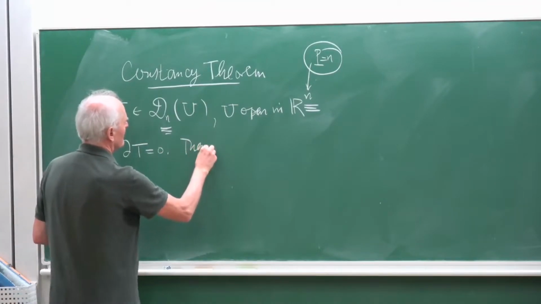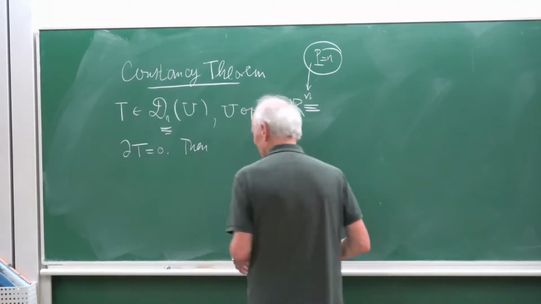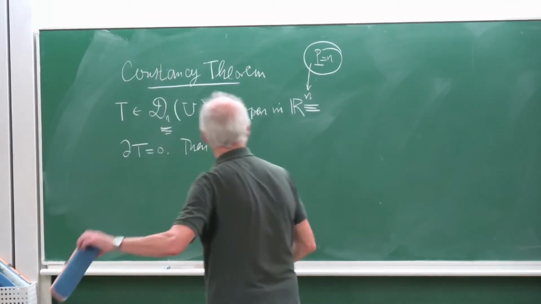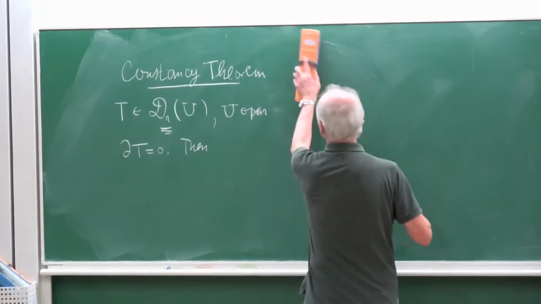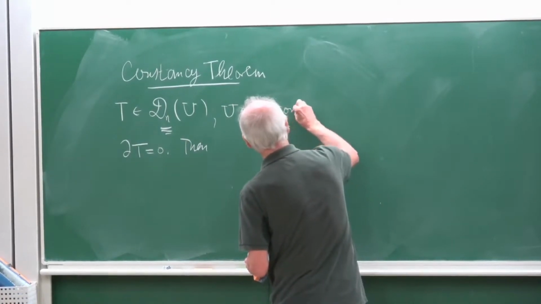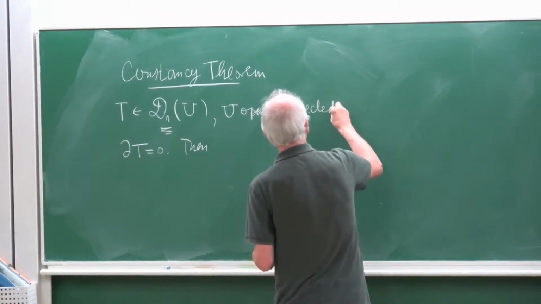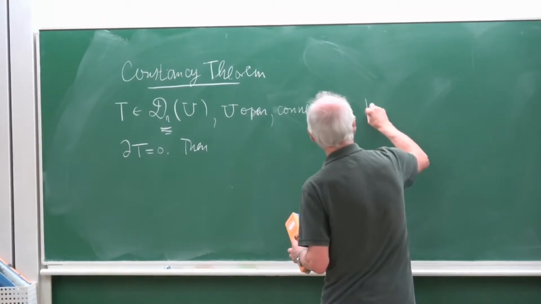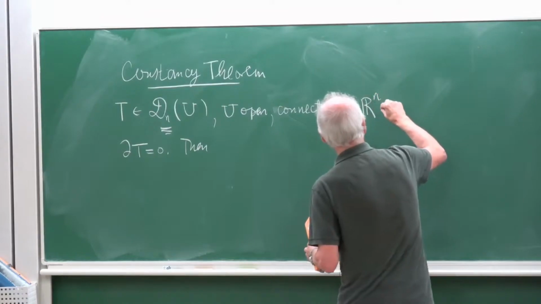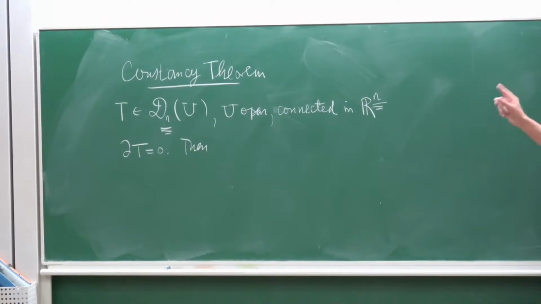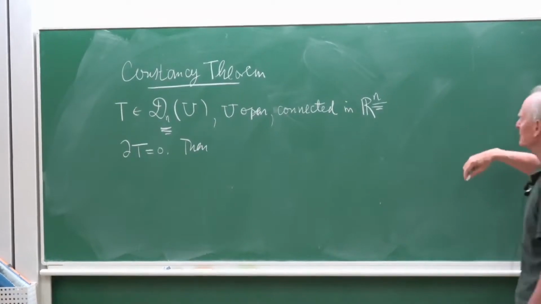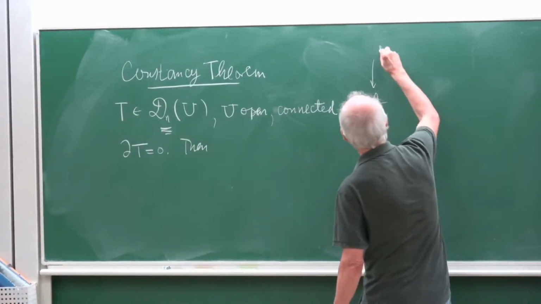Then, oh yeah, the usual problem, U is open and connected in R^n. So again, let me emphasize, T is a top-dimensional current, p equals n.